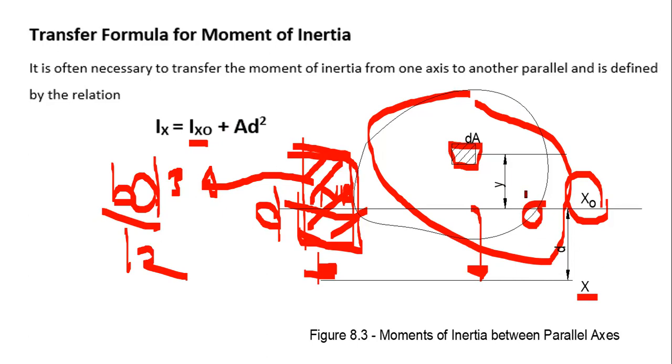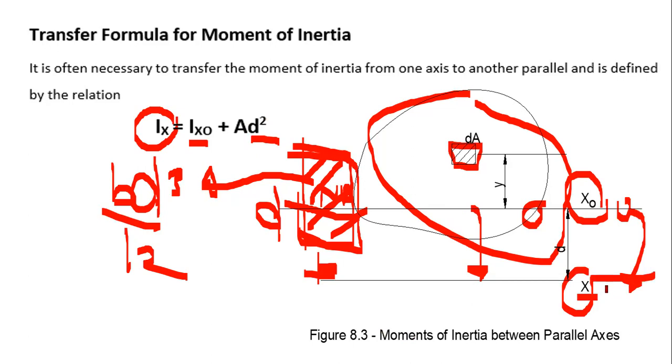So there is a distance that we can determine in a very specific problem. So we have this D to the power of 2 and then area. Then we can get the moment of inertia with respect to X. In other words, we have the moment of inertia in this axis. If we are going to transfer it over here in this X axis, it will be different.